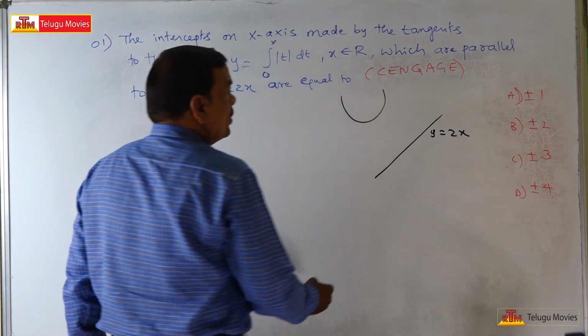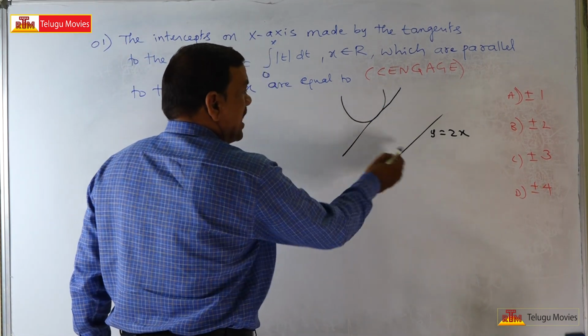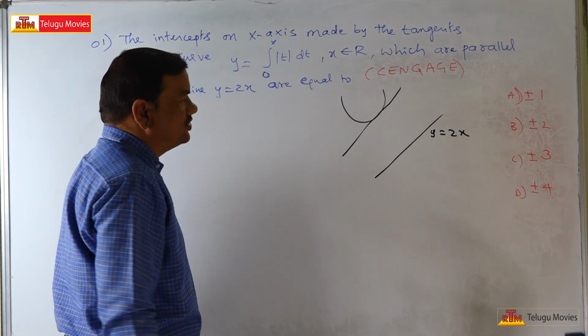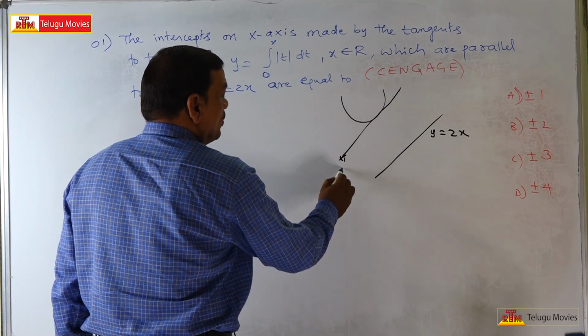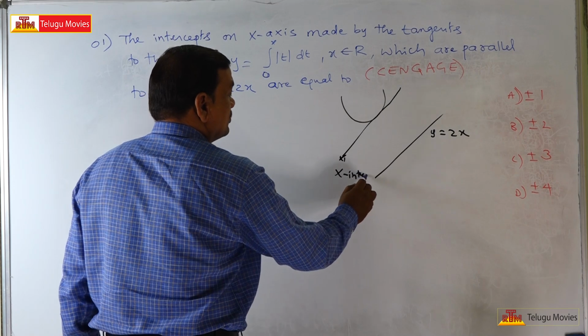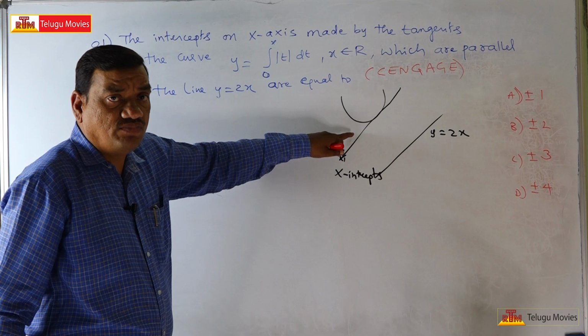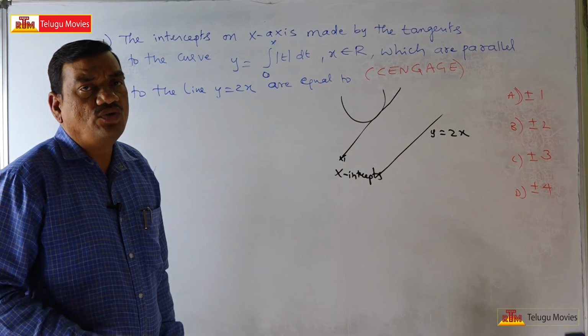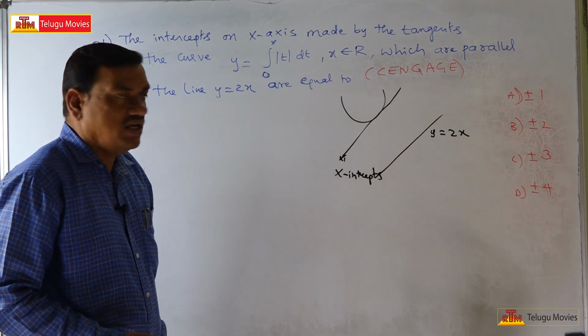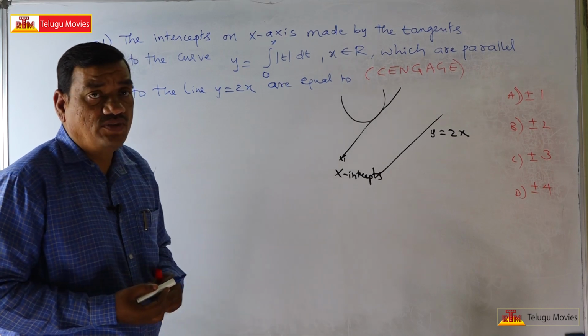We have to find the tangents parallel to this line and then their x-intercepts. If you find the equation of this tangent, we can easily find the x-intercepts of the tangent.